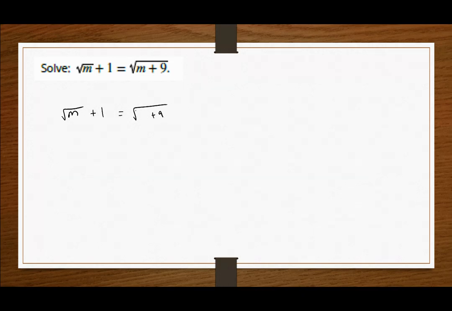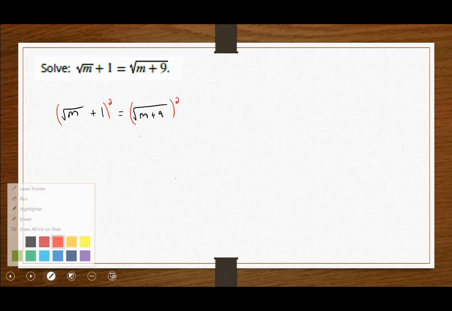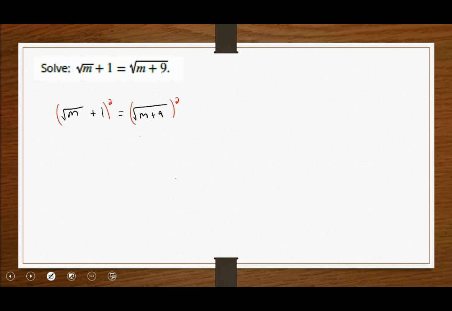So again, once we've isolated one of our expressions, we use that square property to get rid of the radical. You'll notice that in this case, because my left-hand side has a square root, I'm going to end up with an expression when I multiply here that still has a square root in it. This is in the form of a plus b squared, and so I can use my binomial sums pattern to do the product.